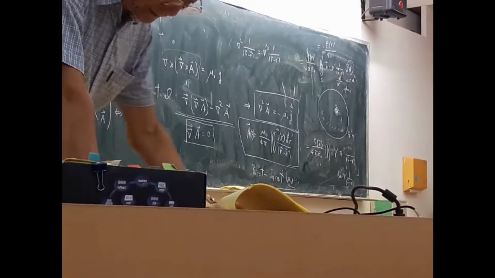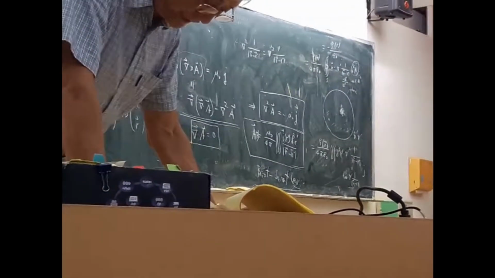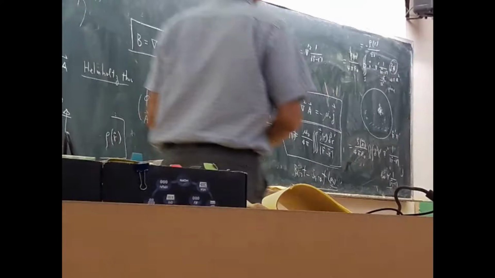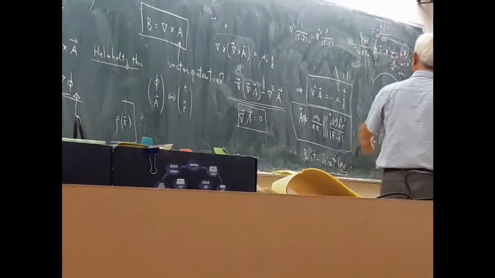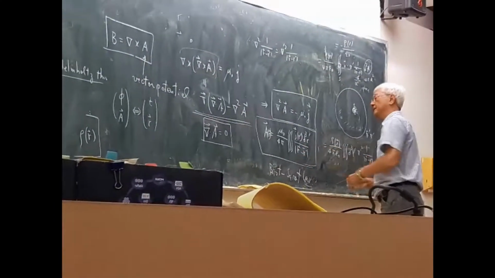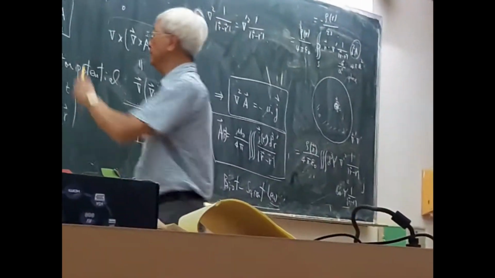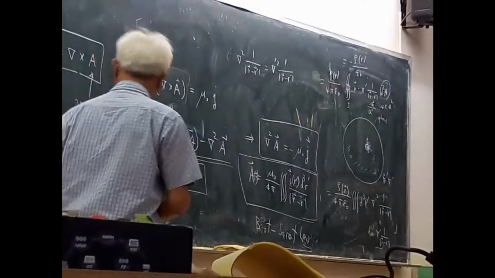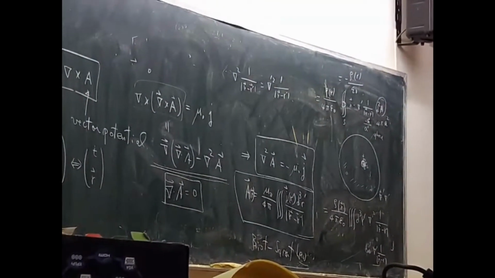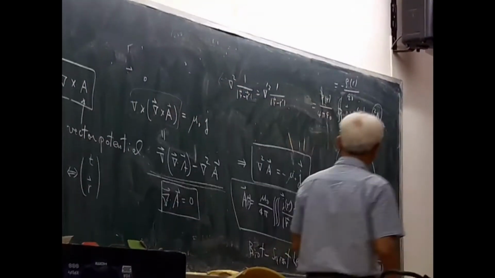And this is actually the Biot-Savart law. Because for that A of R, then your B, this is actually the Biot-Savart law, because you write it down.